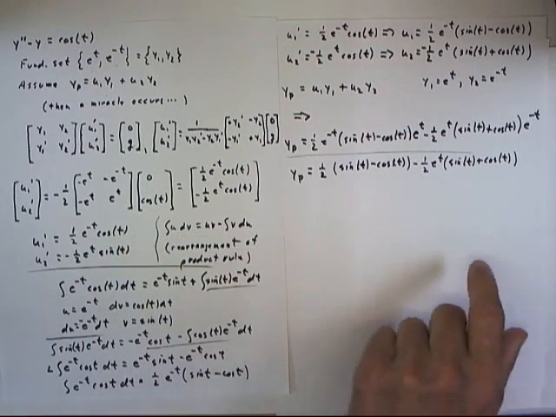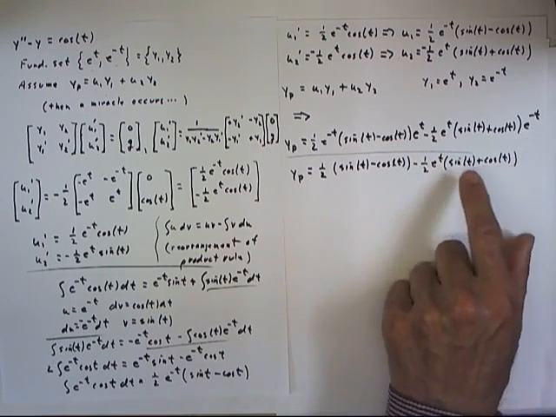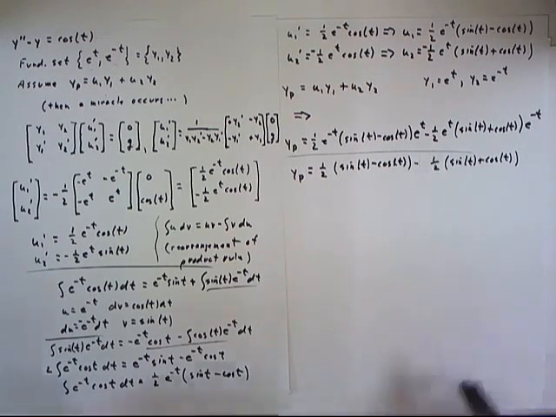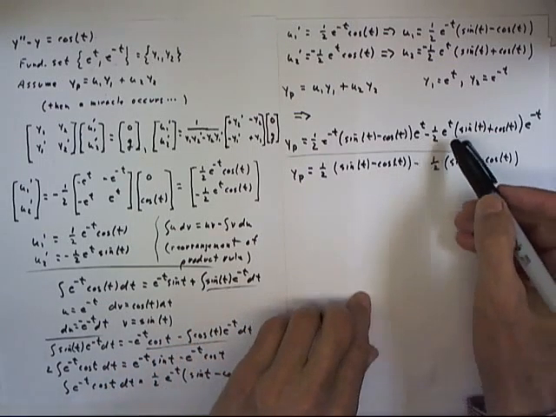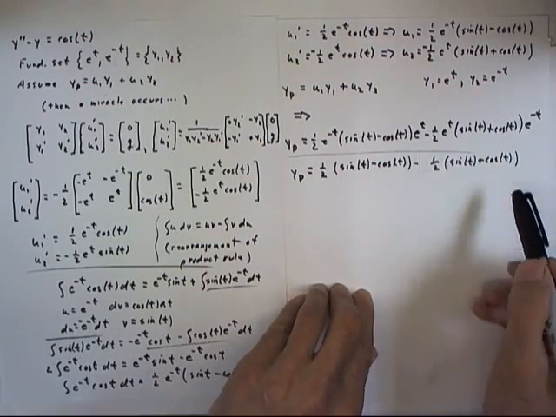I wrote down the e to the t, but the e to the t is going to multiply the e to the negative t, and I didn't mean to write that down. I was going to leave those off, so I corrected that real quickly. Okay, now we've got it right. The e to the t and e to the negative t give us 1, and we're just left with this.